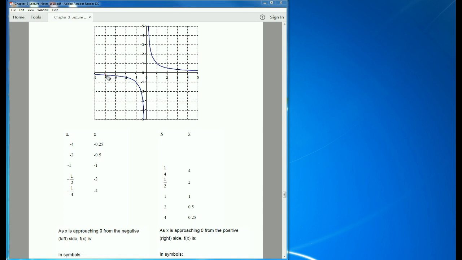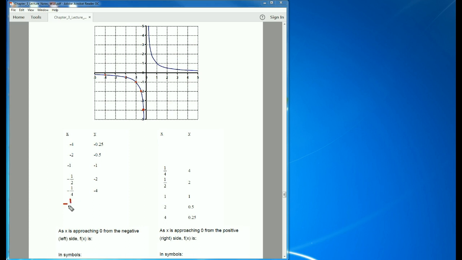So that's this point right here. -2, -1/2 is right here. -1, -1, -1/2, -2, -1/4, -4.